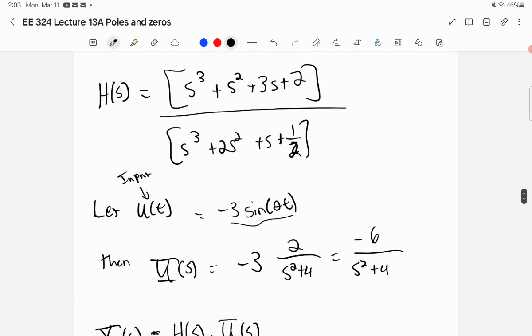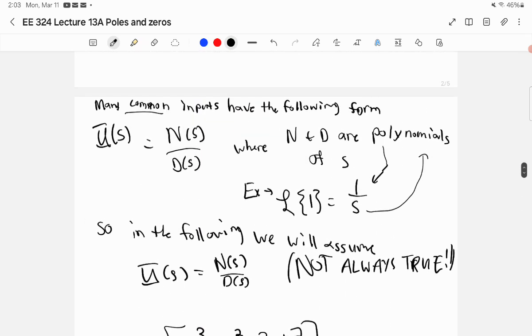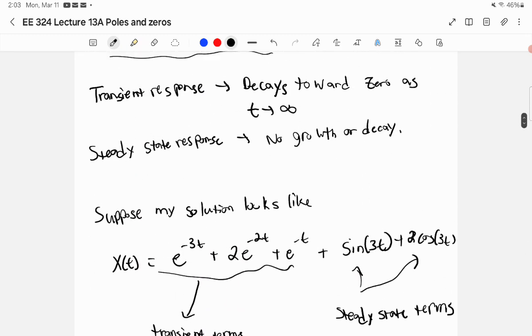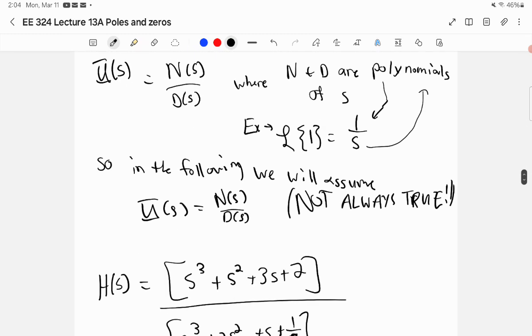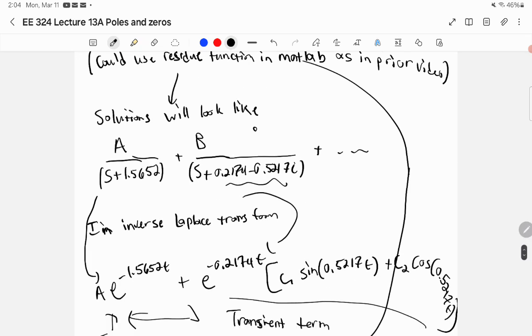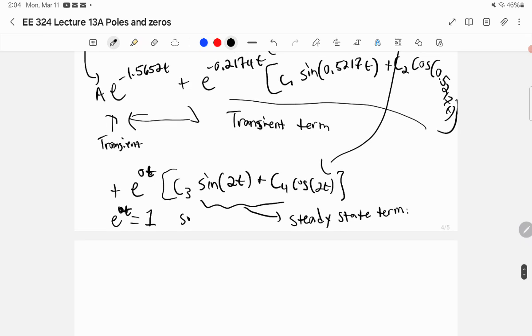So we chose an input function that looked like sine of 2t here, right? We chose this input function, and that was what gave us the steady state solution here.